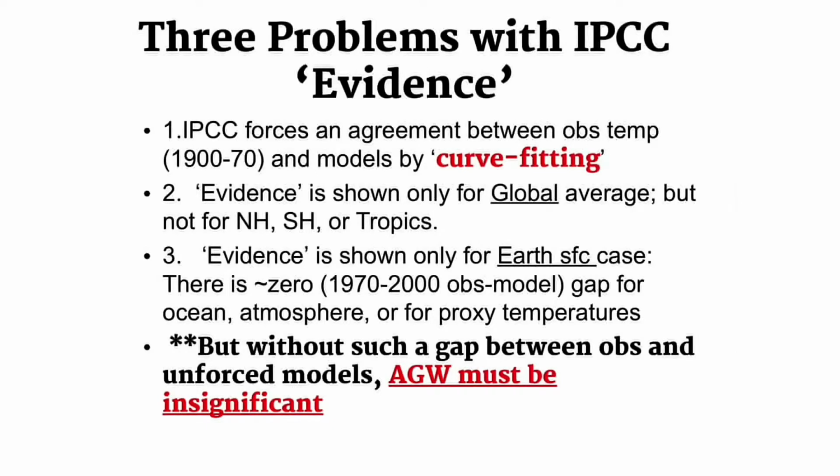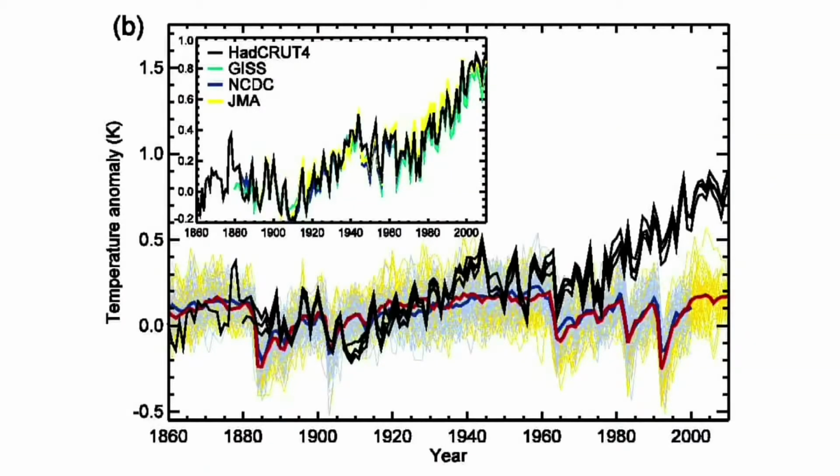In fact, it's their only argument in the whole report. In all of the 1,000 pages, this one graph, 10.1b, if you want to know what it is, this one graph is the one that they use as the sole piece of evidence to claim anthropogenic global warming.